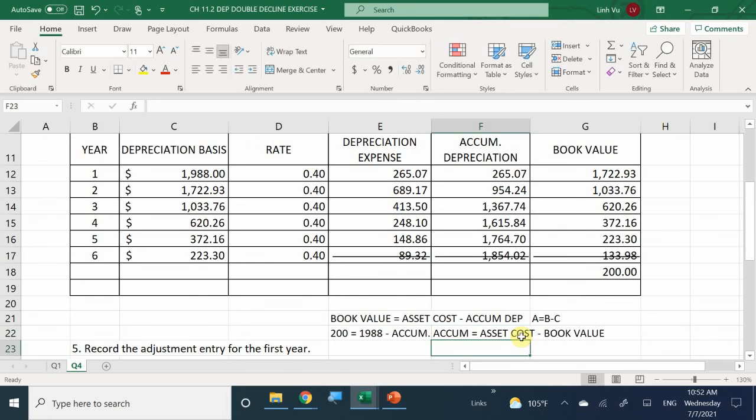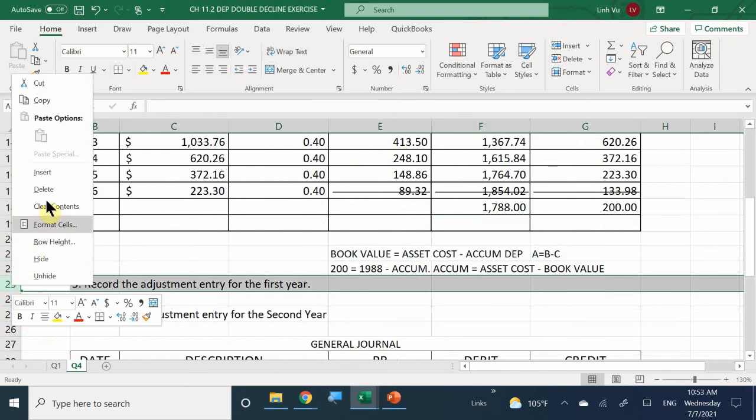And since I have the information here, what is going to be my accumulated depreciation? What is 1988 subtract 200? 1788. 1788.